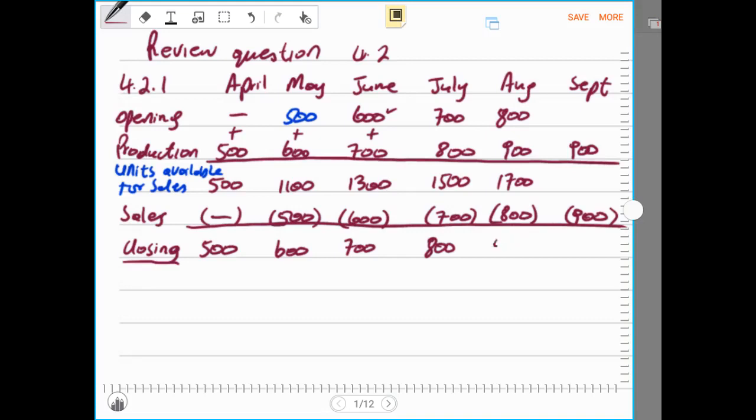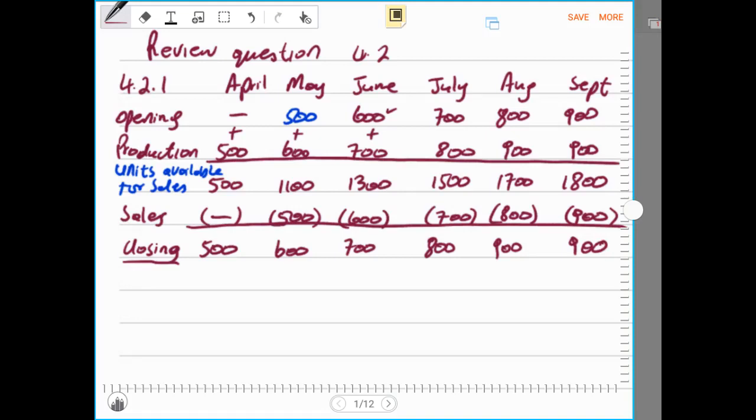And what will be left will be 900 units. Therefore, now this is the closing, and the closing becomes the opening of the next month once again. So now opening for September will be 900, and 900 plus 900 will give us 1,800. And we subtract the units that were sold. Then this will give us 900 as the closing inventory in the month of September.